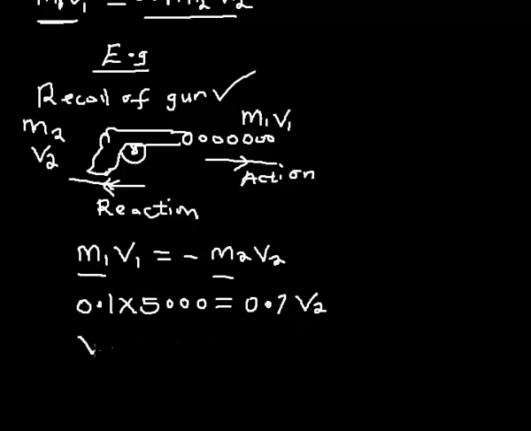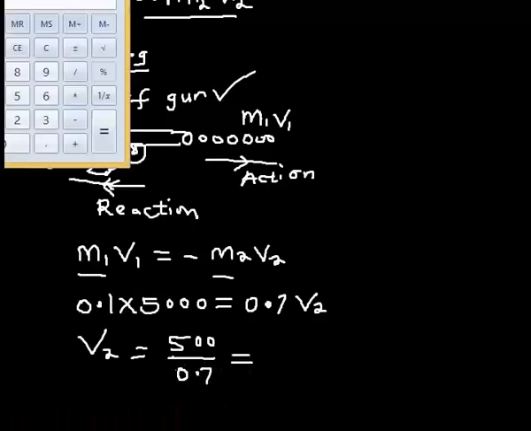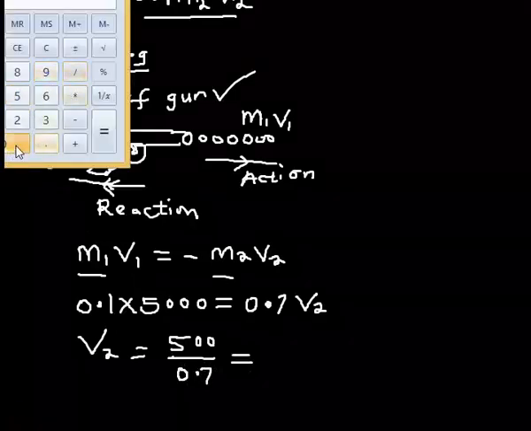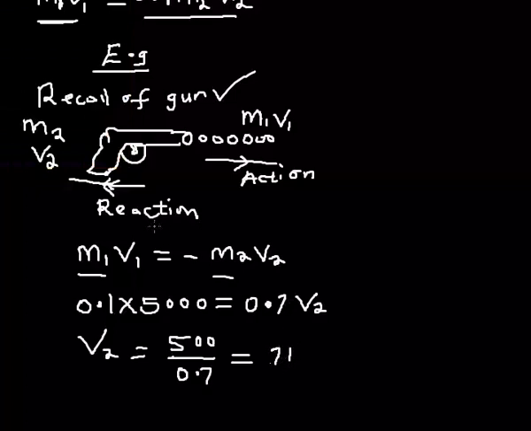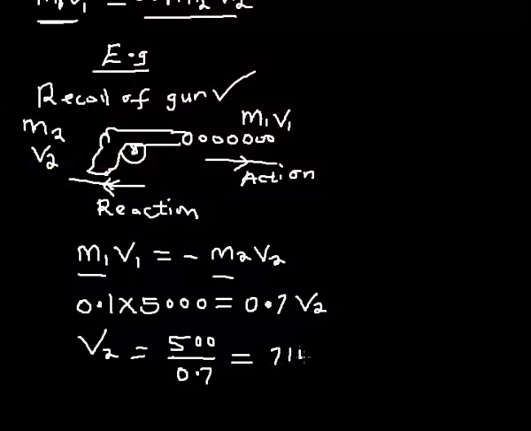So the recoil velocity equals 0.1 times 5,000, which gives us 500, divided by 0.7. 500 divided by 0.7 gives approximately 714. So the recoil velocity of the gun is 714 meters per second.